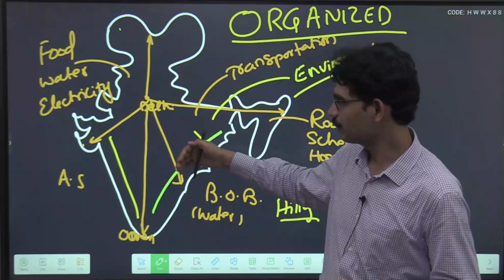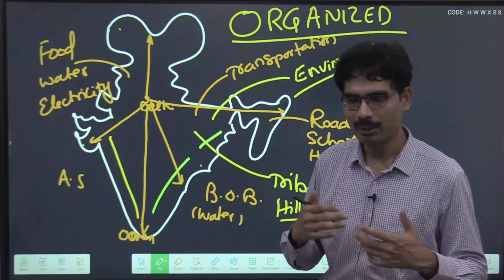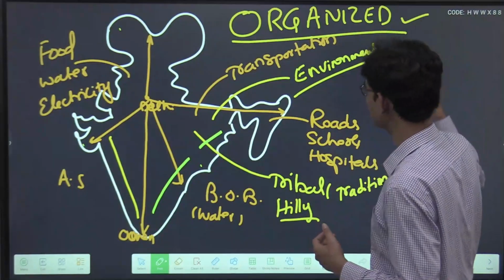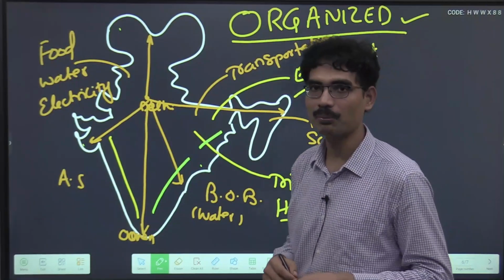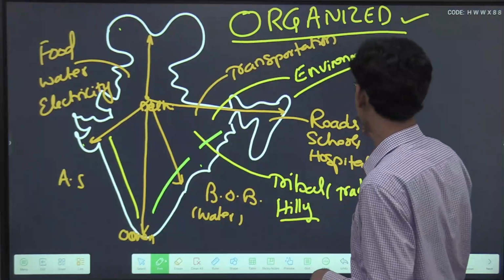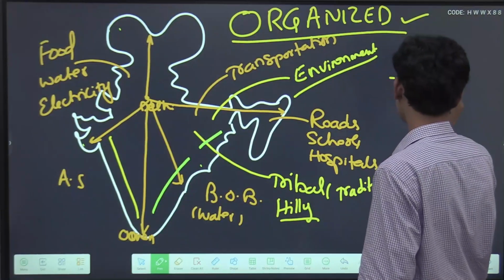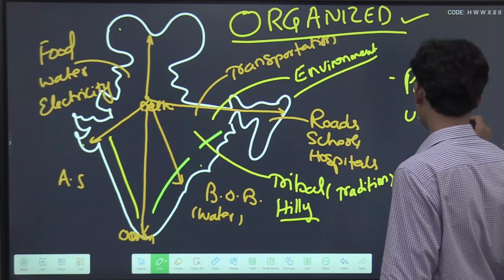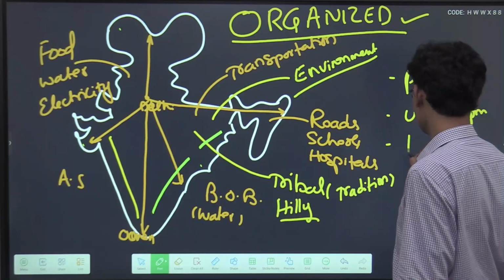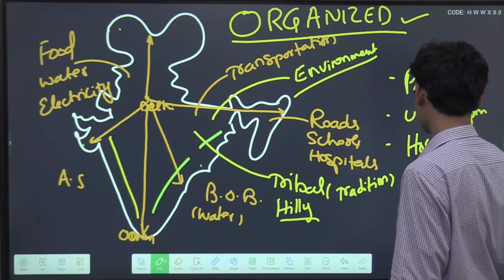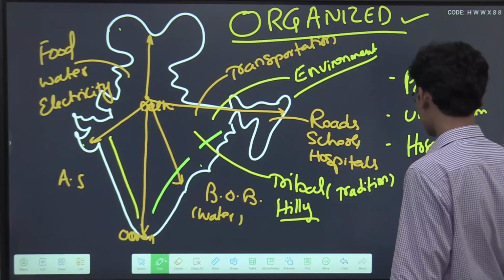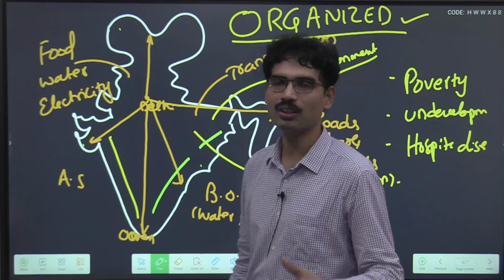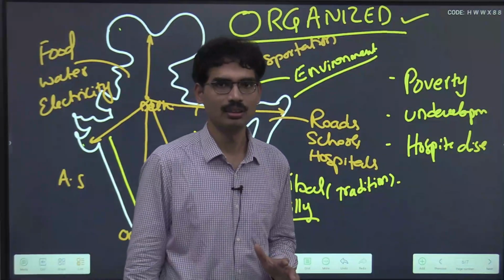Even after so many years of independence, because of some limitations, we are still not able to become a developed country. Still we are facing poverty, underdevelopment, lack of hospitals, diseases, life expectancy around 70 years on average.